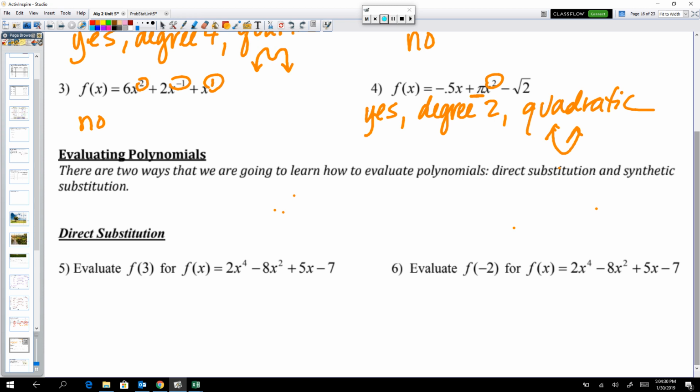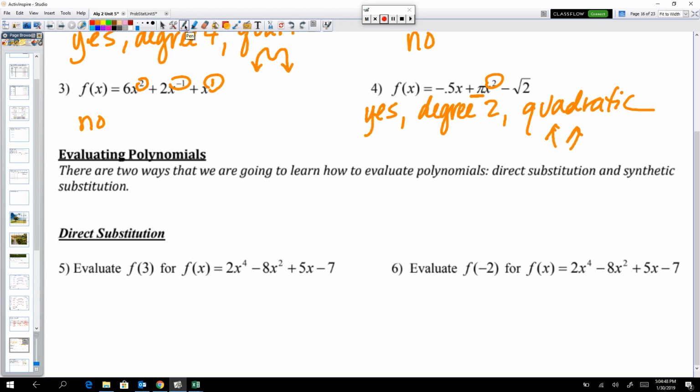Now, let's shift a little bit into some more algebra, less of this high-level stuff, and let's dig into some algebra here. So we're going to talk about evaluating polynomials. We're going to discuss 2 different ways to evaluate polynomials today. One is something that you're very, very familiar with: direct substitution.